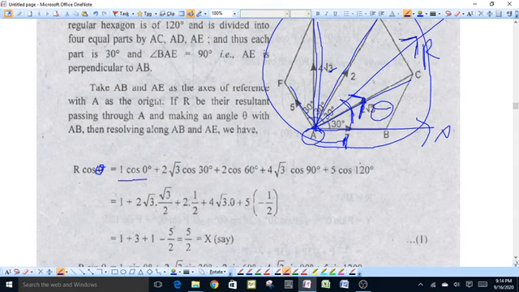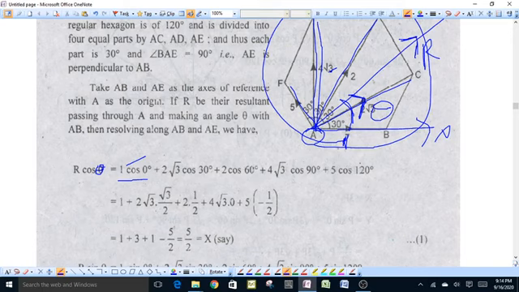The x component of the first force is 1 cos 0, because the first force acts along AB, which we have taken as the x axis. This means this force makes an angle of 0 degrees with the x axis. Therefore the x component of this force of 1 kilogram weight is 1 cos 0.